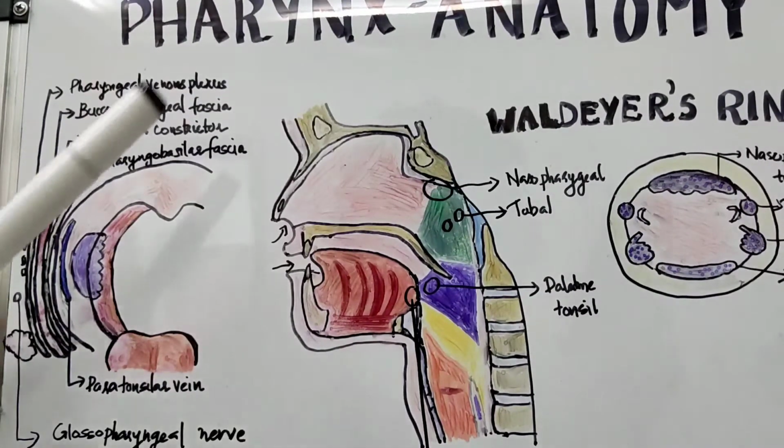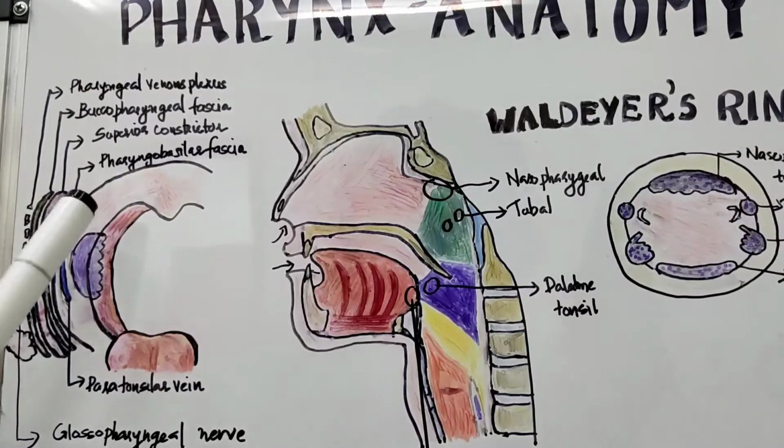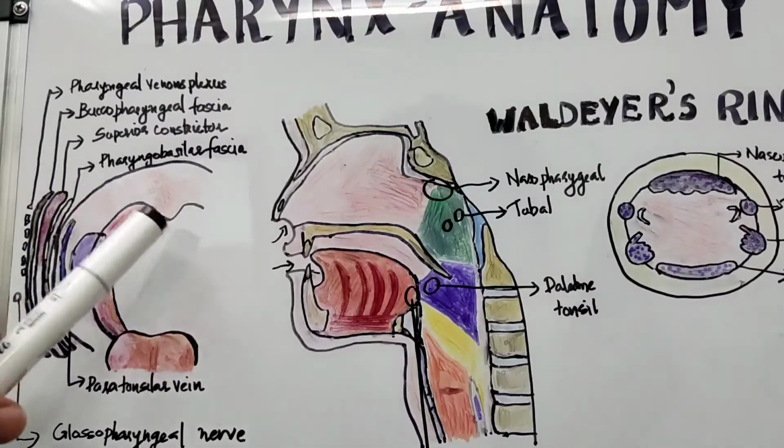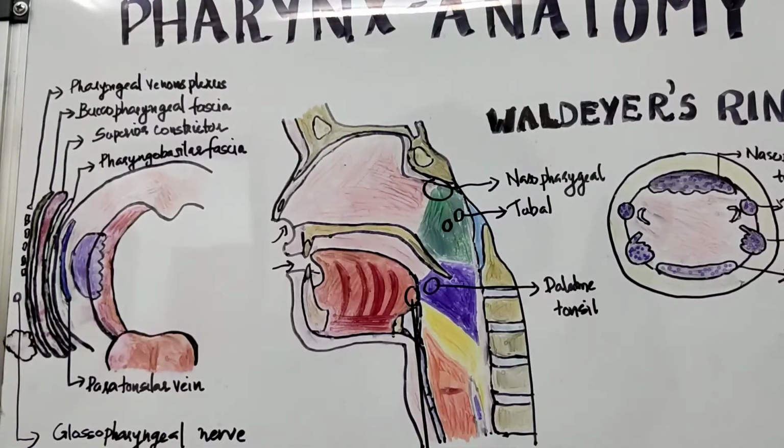Now we will discuss what structures are involved in the formation of the bed of the tonsil. This is the tongue and this is the soft palate, and this is the location of the palatine tonsil. Anterior to it is the palatoglossal arch, and posterior to it is the palatopharyngeal arch. In between is the palatine tonsil, and this is the bed.